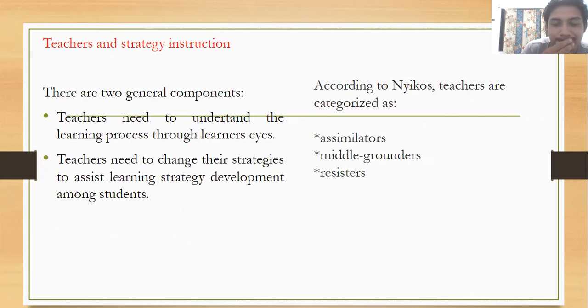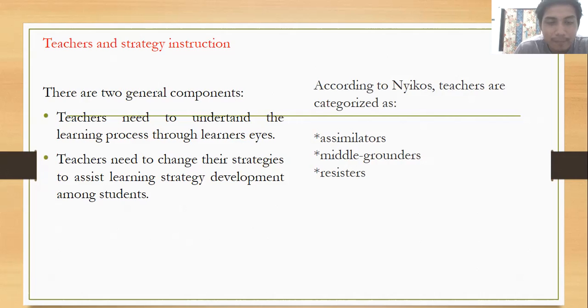As we know, strategy instructions are necessary and beneficial for learners. There is a lot of materials to make the teachers develop their job easier when teaching.